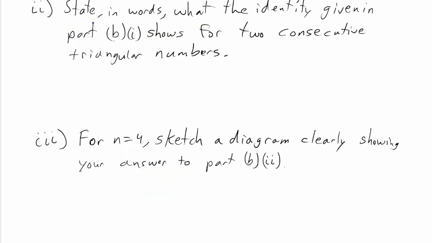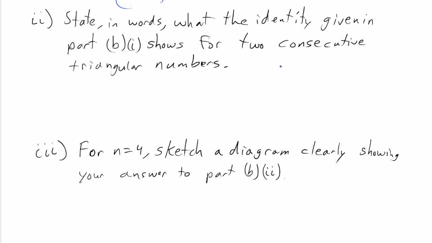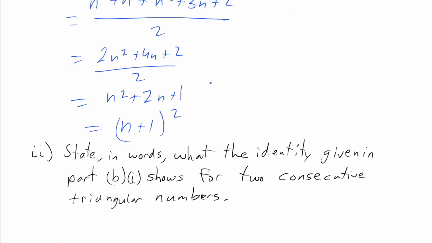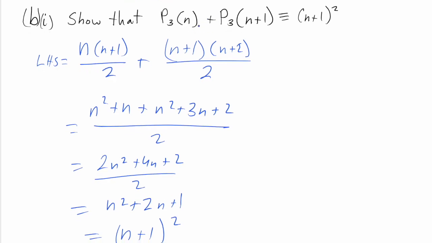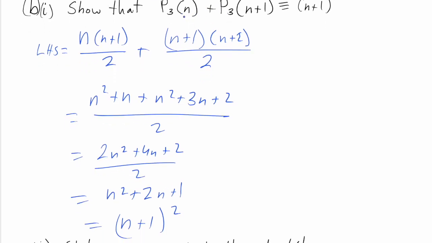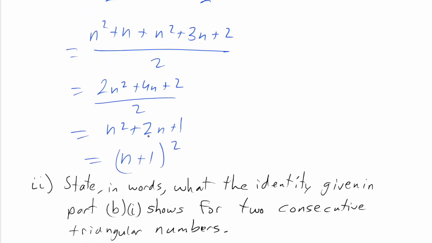In the next question, it says state in words what the identity given in part B1 shows for two consecutive triangular numbers. So what we did in part B1 was we added two consecutive triangular numbers together. We got n plus 1 squared.